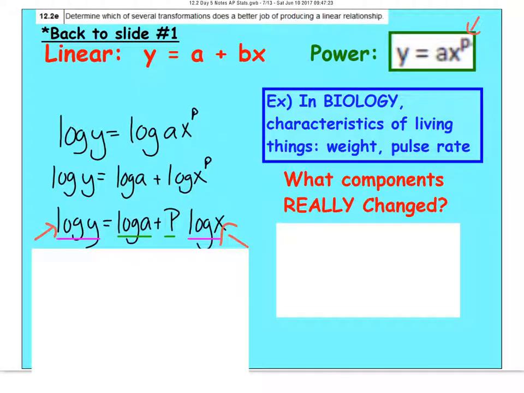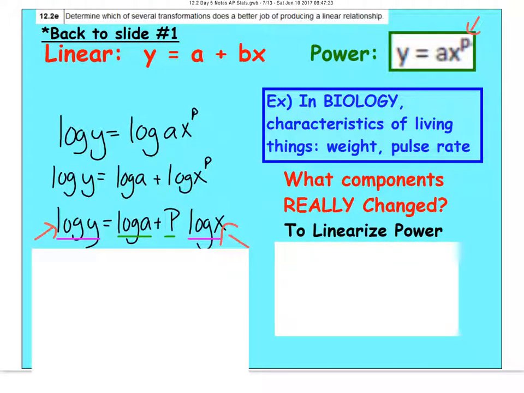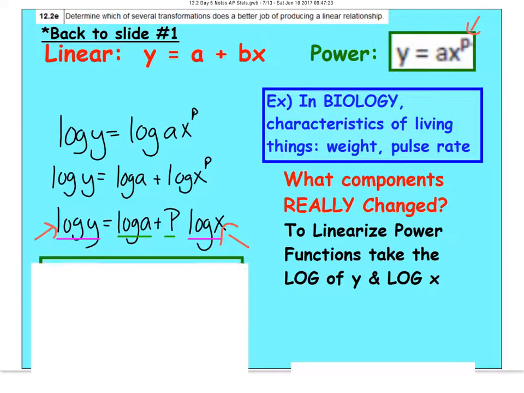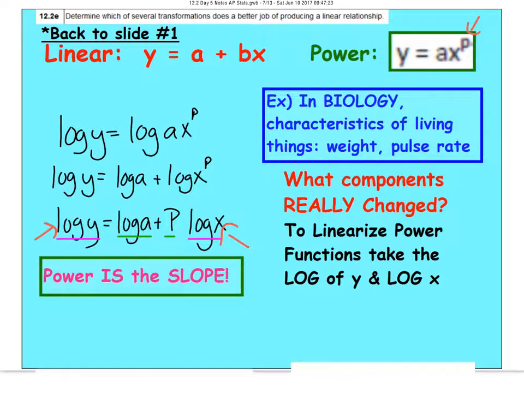So if you want to linearize any power function, all you have to do is take the log of x and the log of y. What's interesting about this in the power function, keep in mind if this was quadratic, that p would be a 2. So this p-value actually ends up becoming the original power.